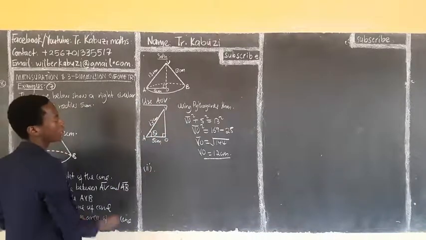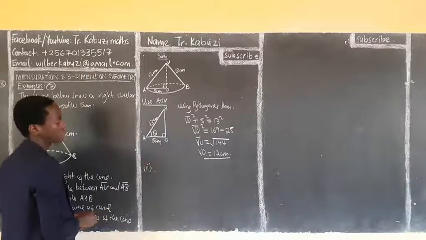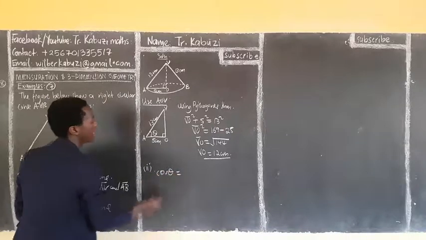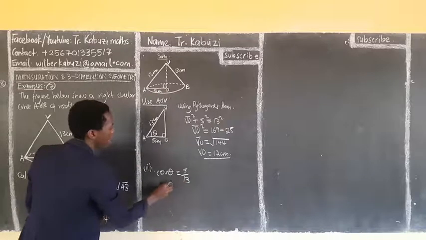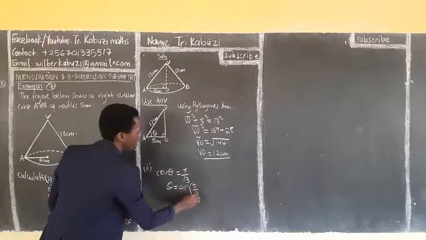Therefore, what am I going to use? I have this as the adjacent, I have this as the hypotenuse, so I'm going to use cos. So now cos theta is going to be the adjacent 5 over the hypotenuse, which is 13, and my theta will be cos inverse of 5 over 13.